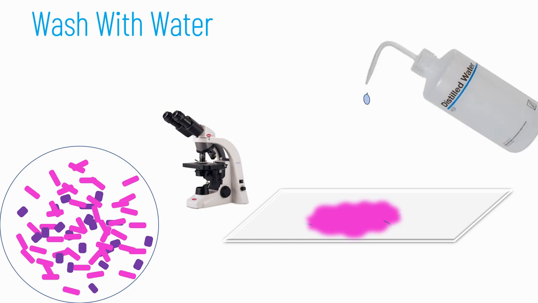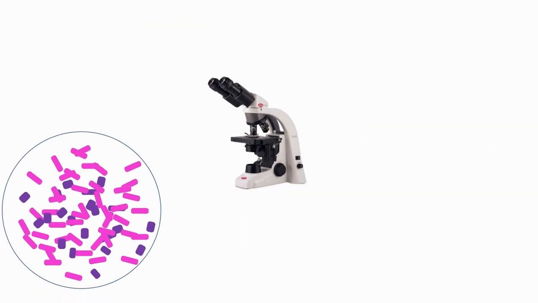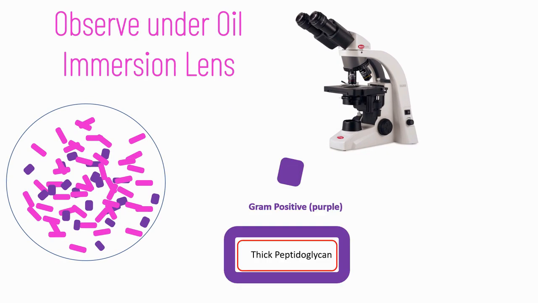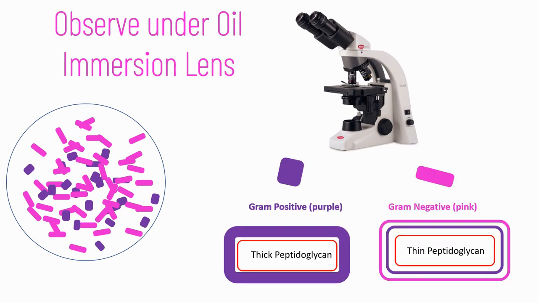Finally, wash the slide with water and dry it using a blotting paper. The slide is now ready to be observed under the microscope. You should be able to differentiate the purple gram-positive bacteria from pink gram-negative bacteria.